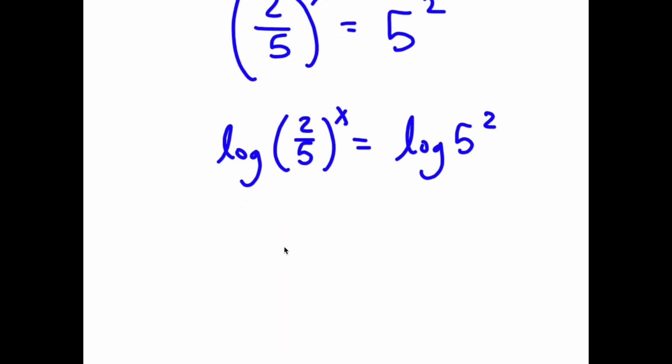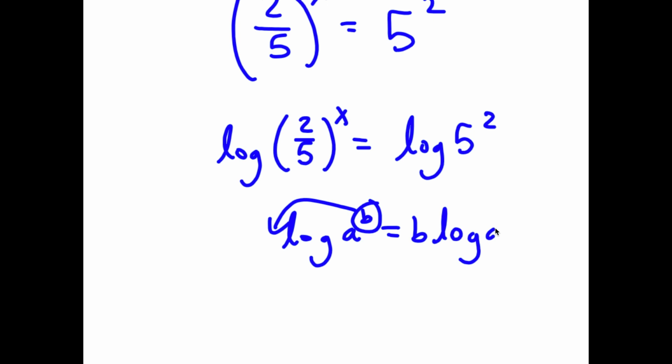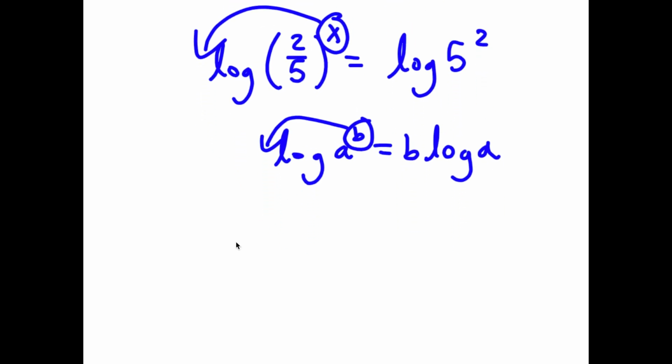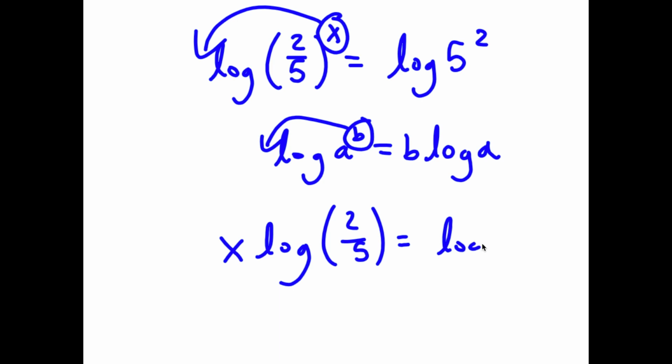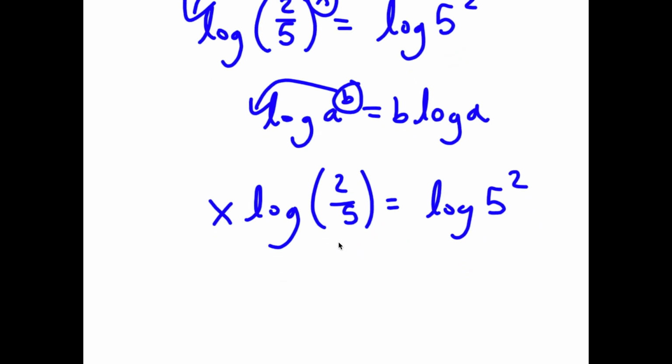And if I have something in the form log a to the power of b, I can move this exponent b to the front. So this gets b times log a. So for log of 2 over 5 to the power of x, I can move x to the front. And now I'm going to have x times log 2 over 5 is equal to log of 5 squared.